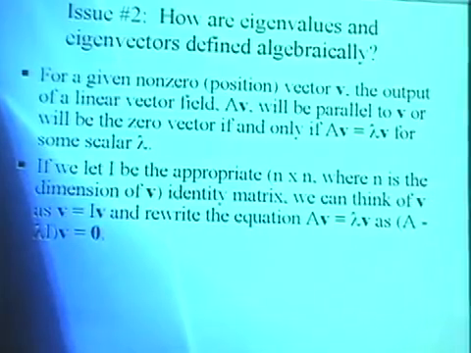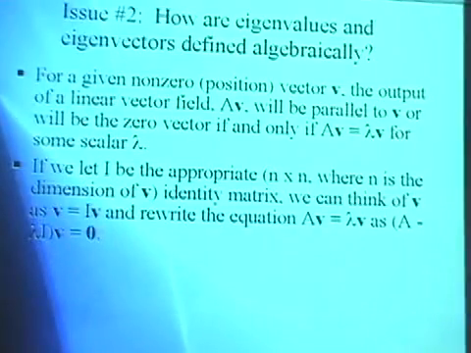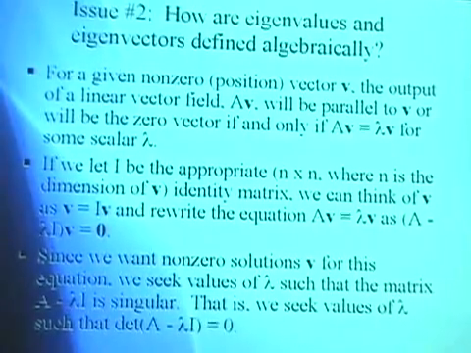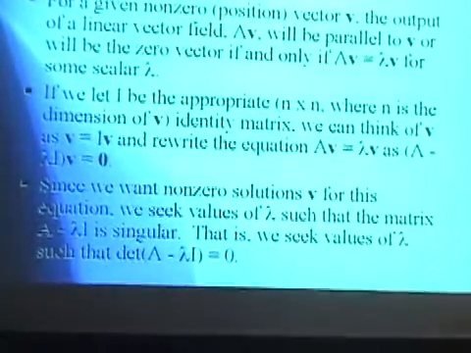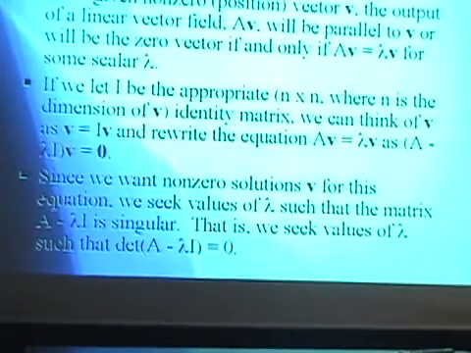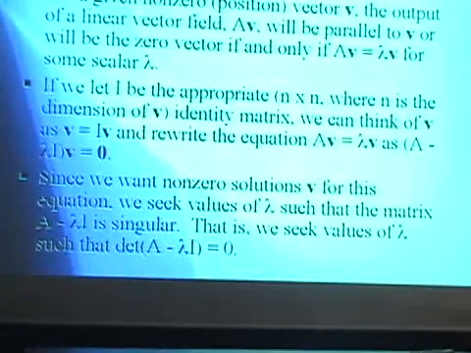We're looking for non-zero solutions to that, so we're looking for values of lambda that make that matrix singular, non-invertible. We're looking for values of lambda that make that equation have non-trivial solutions. And the condition we discussed for when that has non-trivial solutions is when the determinant of that matrix is equal to 0.